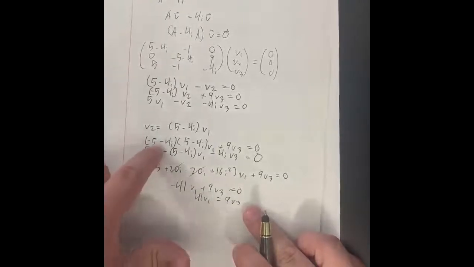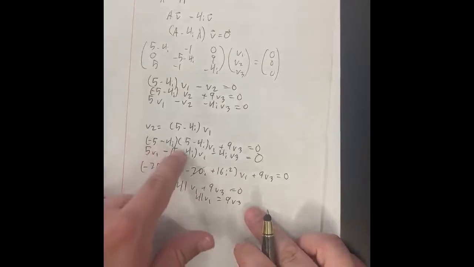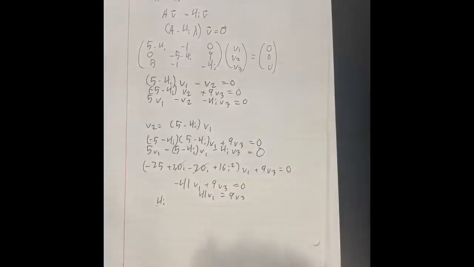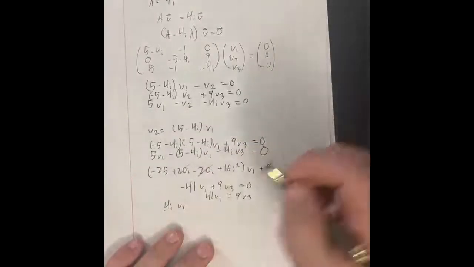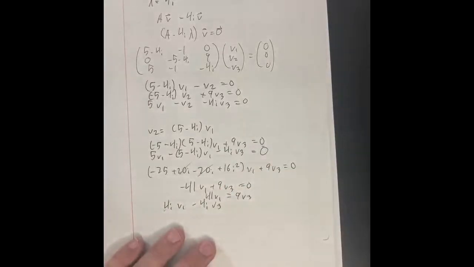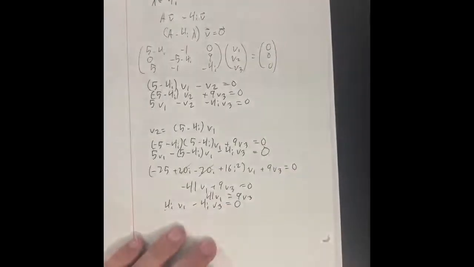We have 5v1 minus 5v1, that cancels. And then we have minus 4i plus 4i v1 minus 4i v3 equals 0.